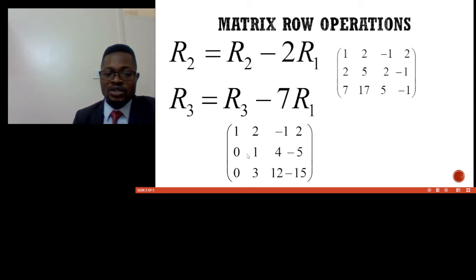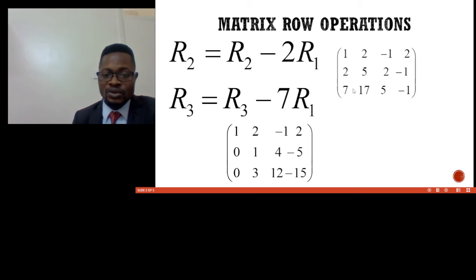So if you continue, this is what our new matrix will be. Now in the third row, I have used row 3 minus 7 row 1. Row 3 simply means this 7, 17, 5, and negative 5. So you will use them and then subtract 7 row 1.